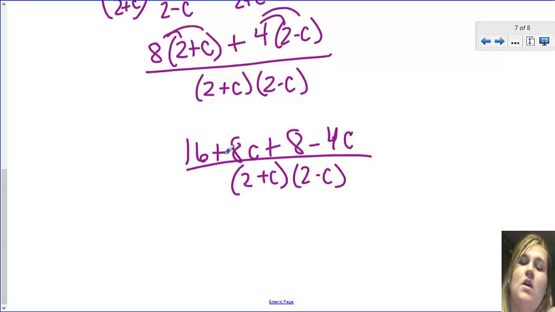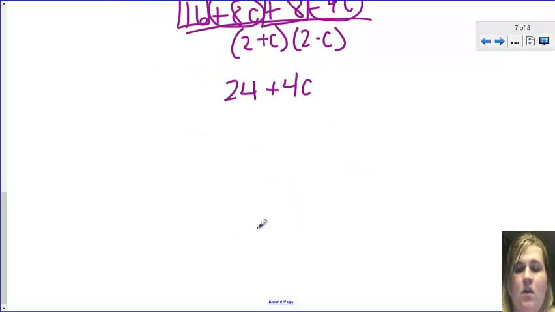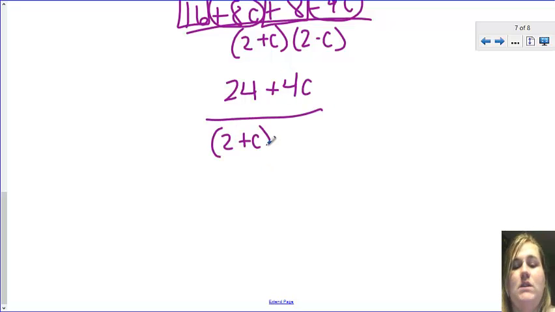Combining like terms, on top I have 16 plus 8, which gives me 24, and 8c minus 4c gives me 4c, over my common denominator of 2 plus c times 2 minus c.